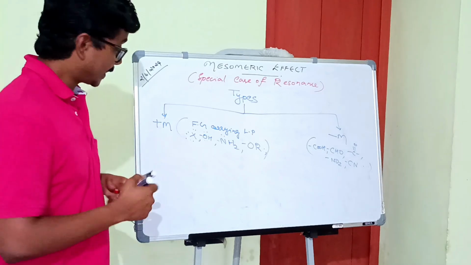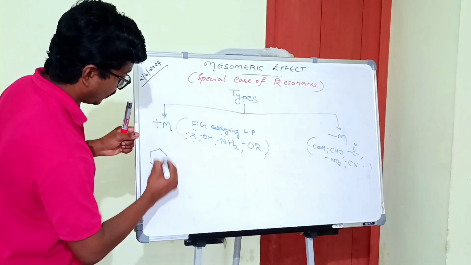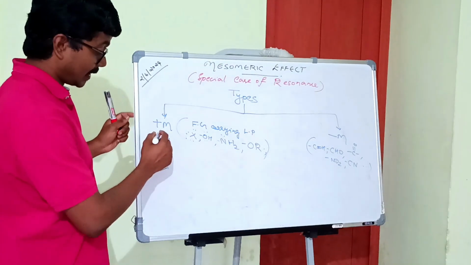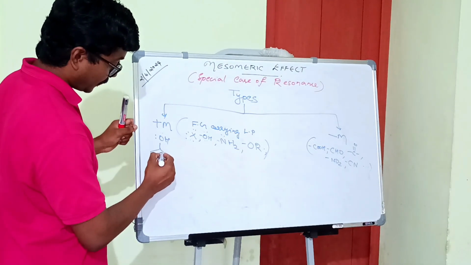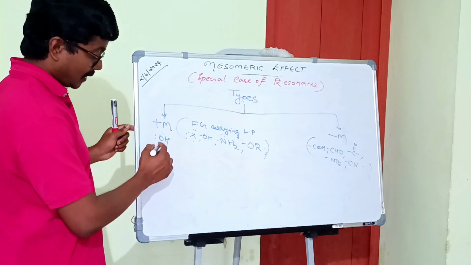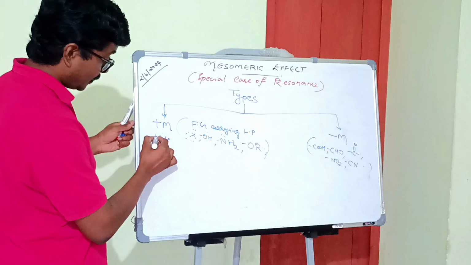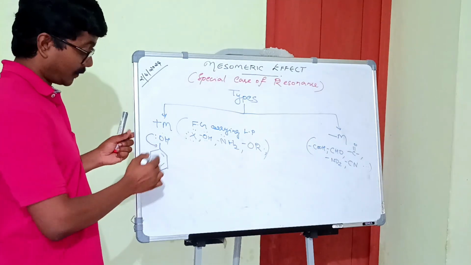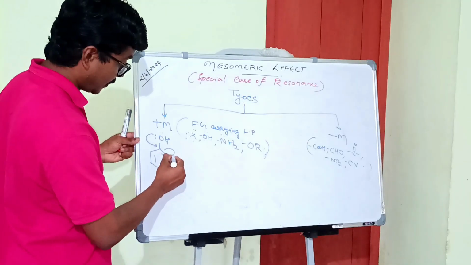So let's consider an example. If OH is there, the lone pair is carried by the oxygen atom. This is phenol, a benzene ring carrying an OH group. This lone pair is donated towards the conjugated system, with pi bonds in alternating positions. What will happen?